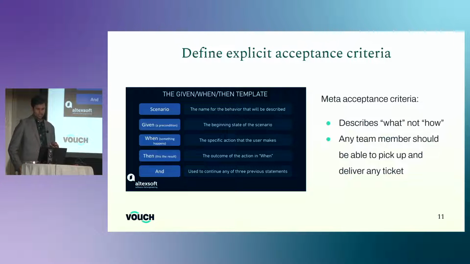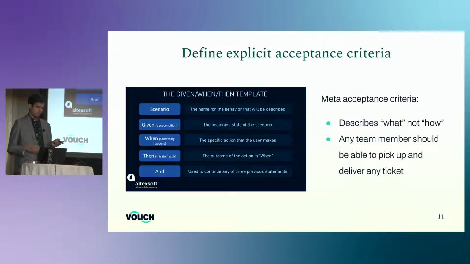And think of this empathetically, as if someone who's new on your team were given this ticket, what context would be helpful to them? Essentially, any team member should be able to pick up and deliver any ticket is the goal you should strive towards. This is impractical for a lot of reasons, but that's the goal.